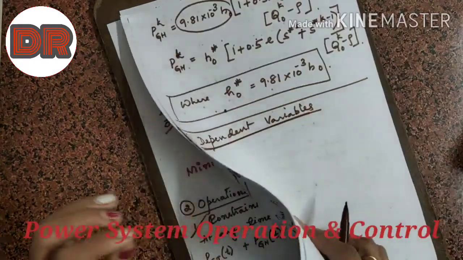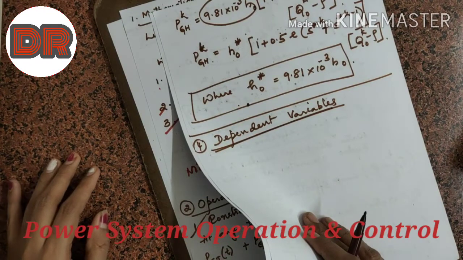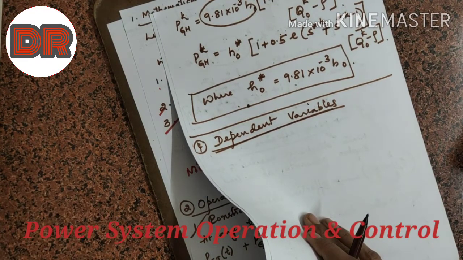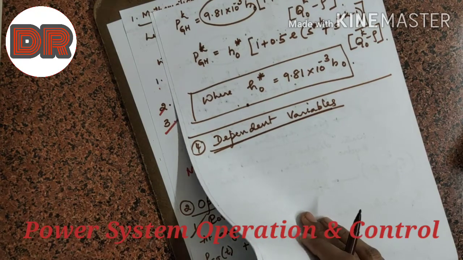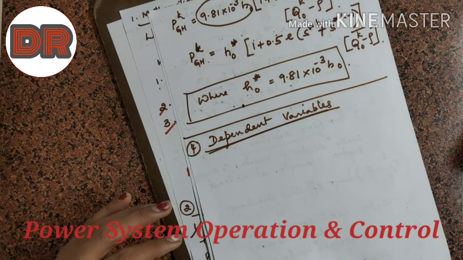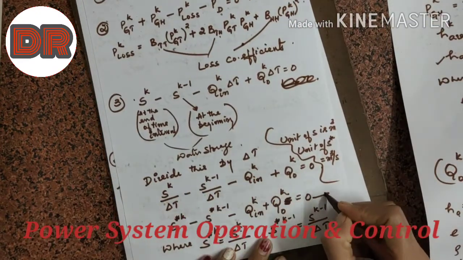First step is the objective function, then we have written operational constraints, and the third one is discretization of all these. We have discretized the objective and constraints, and next we have to identify the dependent variables, then write the Lagrangian function. So let me take this as equation 7.